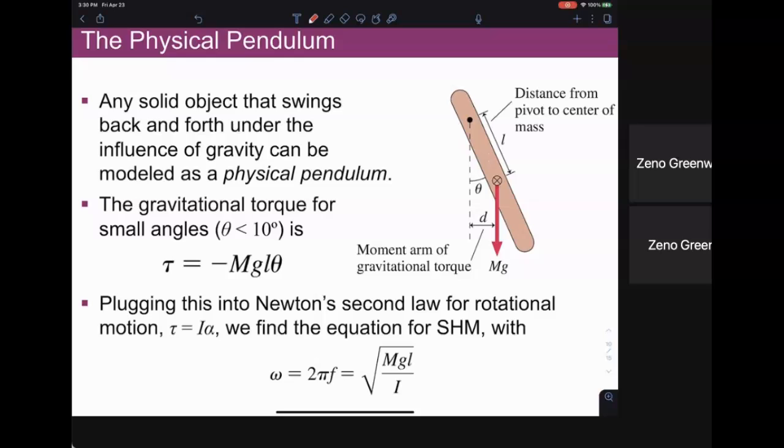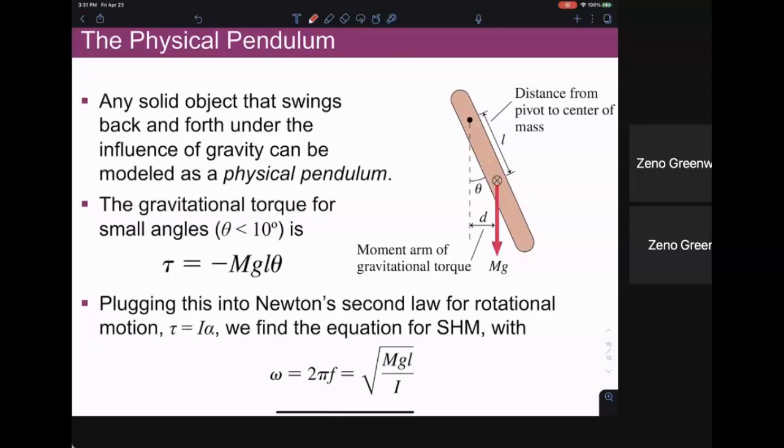The physical pendulum. Any solid object that swings back and forth under the influence of gravity can be modeled as a physical pendulum. Here we show an object. It could be a bat or some cylinder, and it's allowed to swing about a pivot point.